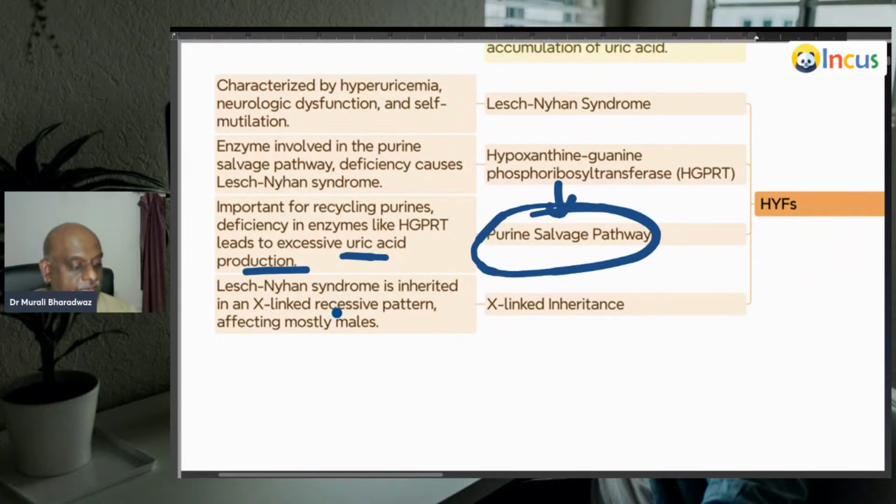And it is an X-linked inheritance, is what you need to remember.